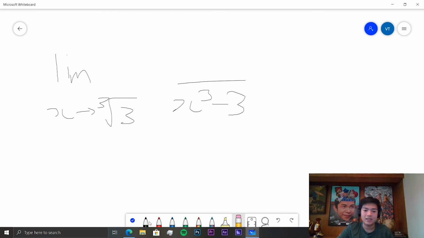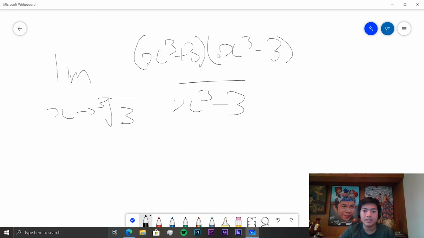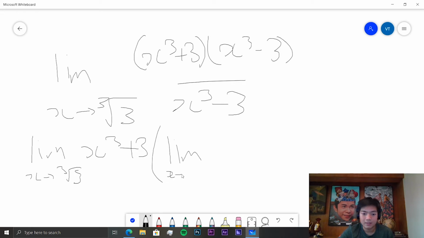We can change that top part to x cubed plus 3 times x cubed minus 3. And we can say that this is equal to the limit of x cubed plus 3 as x tends to root 3, times the limit as x tends to root 3 of x cubed minus 3 over x cubed minus 3.